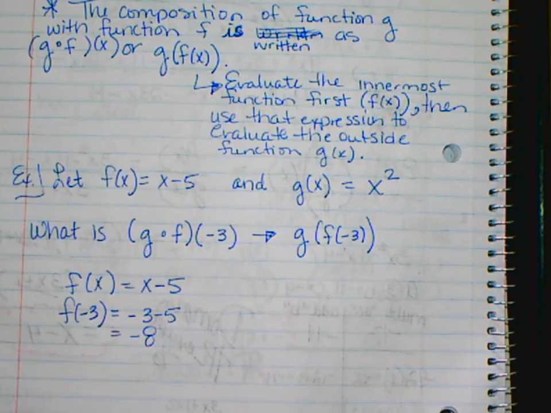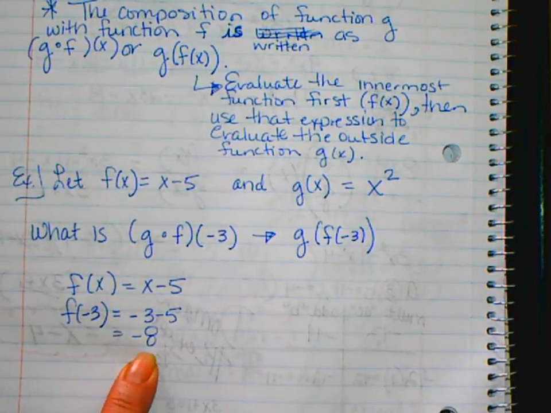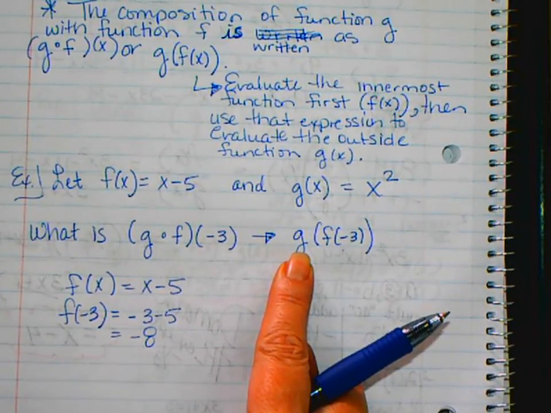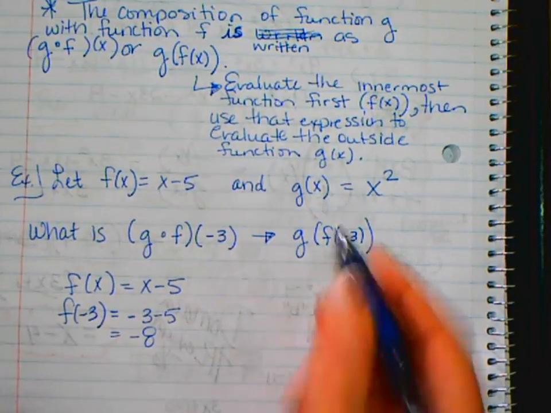So I evaluated my first function, but that's not my answer, okay? I just evaluate that first. And then now that's going to become my input, or my domain, or my x value of the outermost function, of function g, okay?